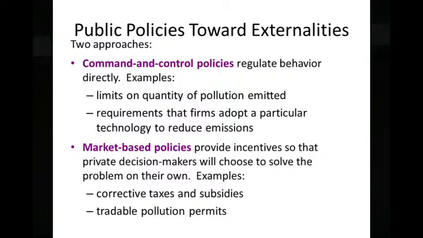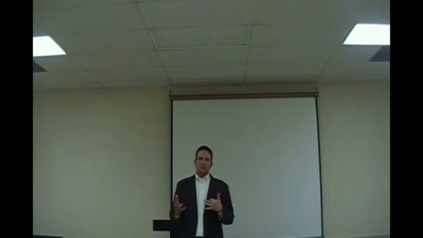In the United States, the Environmental Protection Agency, the EPA, develops and enforces regulations aimed at protecting the environment. The EPA includes maximum levels of pollution allowed, required adaptations of particular technology to reduce emissions, protections on the job, and also of the air, the environment, and other things that the EPA follows through with.